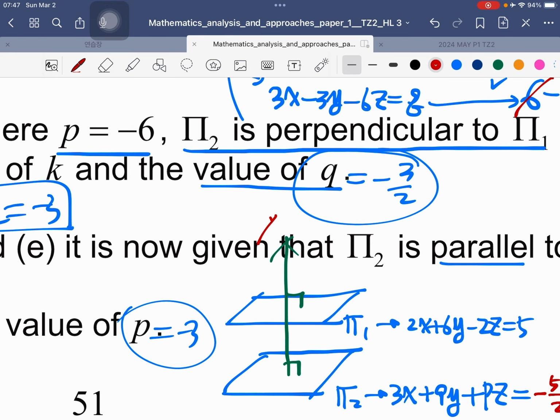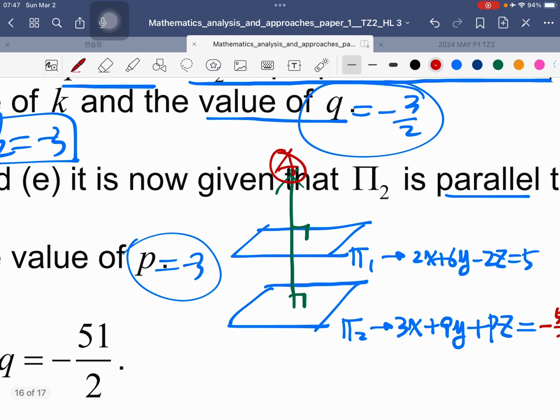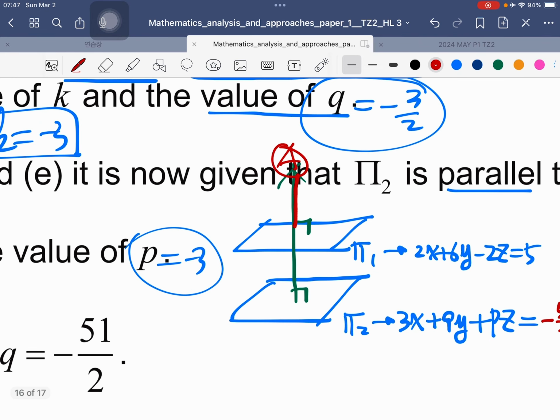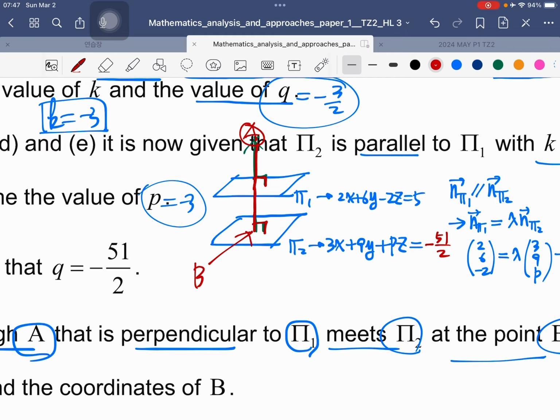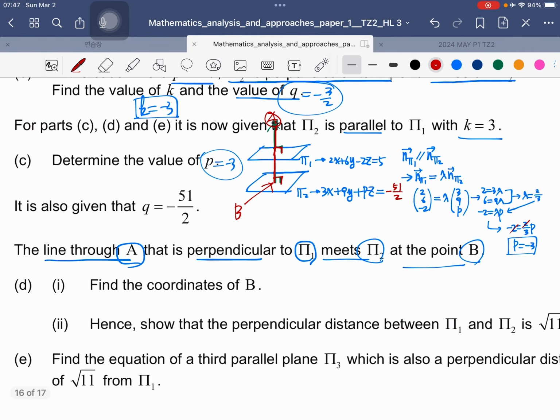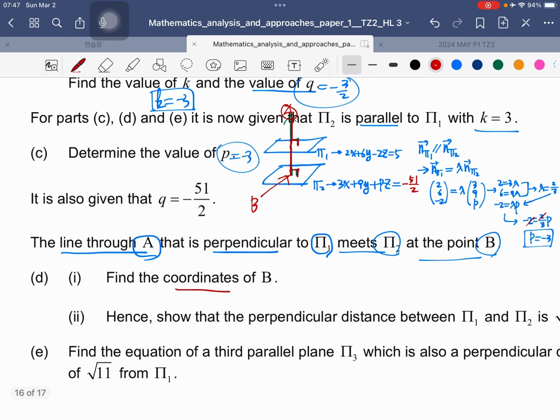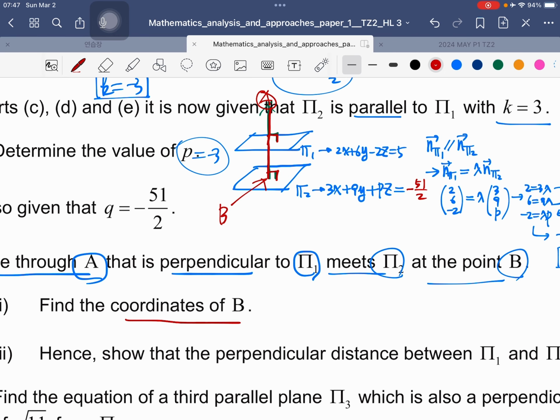From this point, draw the perpendicular line; it meets the plane pi 1, penetrates through it, and meets pi 2. We need to find the coordinates of this point, which is B. So how can I do that?